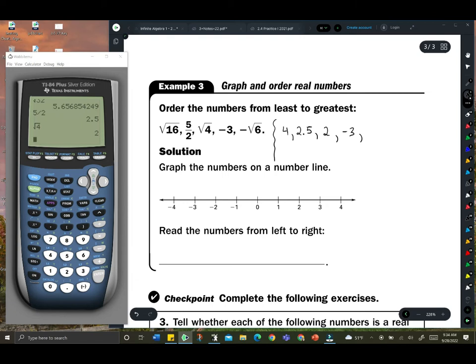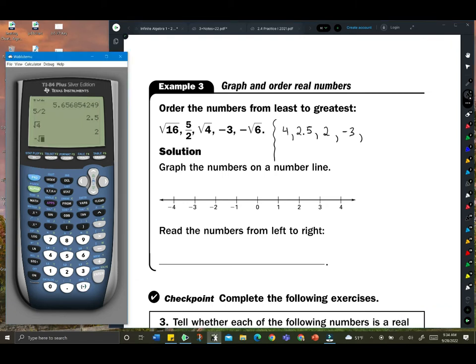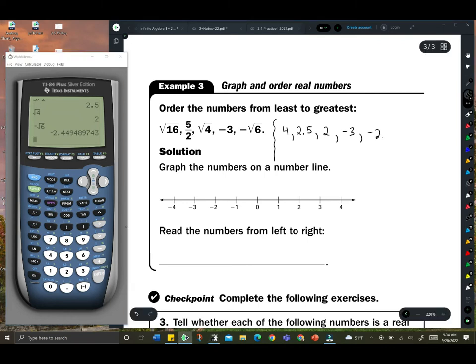And negative 3, and the negative square root of 6 is approximately negative 2.45, we can say. I'm not looking for it to be perfect, but you want to put these numbers on the number line. So 4 would be about here.